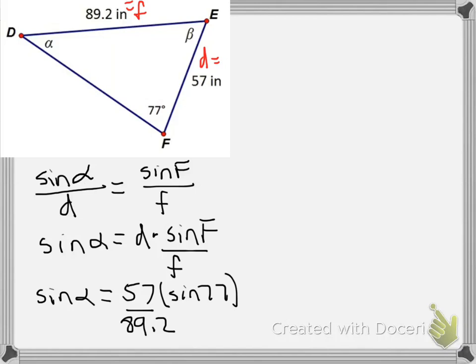So if I do my work up there, I'll get the sine of alpha equals, and I'll just do these calculations in the calculator here, 57 divided by 89.2, and then I'll multiply that times the sine of 77.